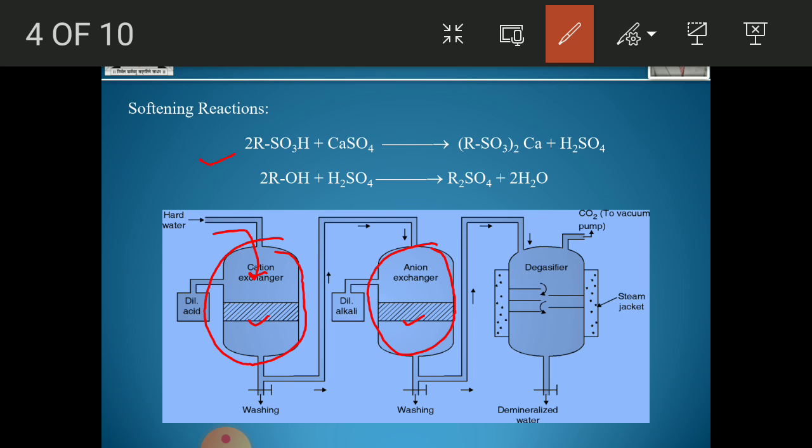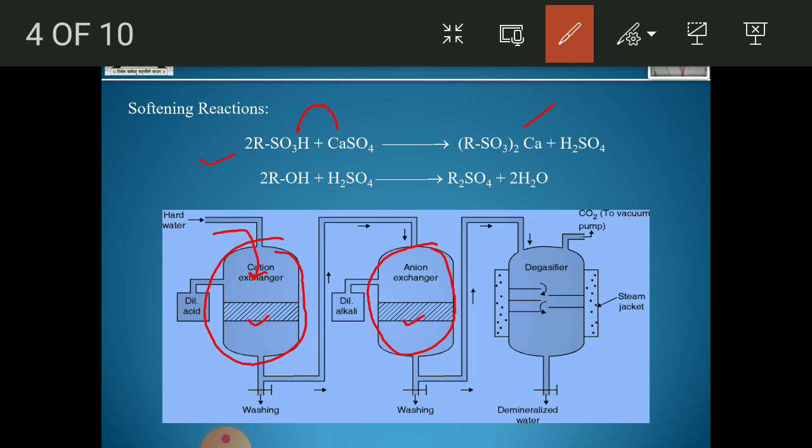The salts present in the hard water react with the resin as shown in the reaction here, RSO3H, suppose calcium sulfate as a salt. The reaction takes place and replacement of this calcium and the proton, hydrogen ion, of the resin takes place and the cation gets removed.